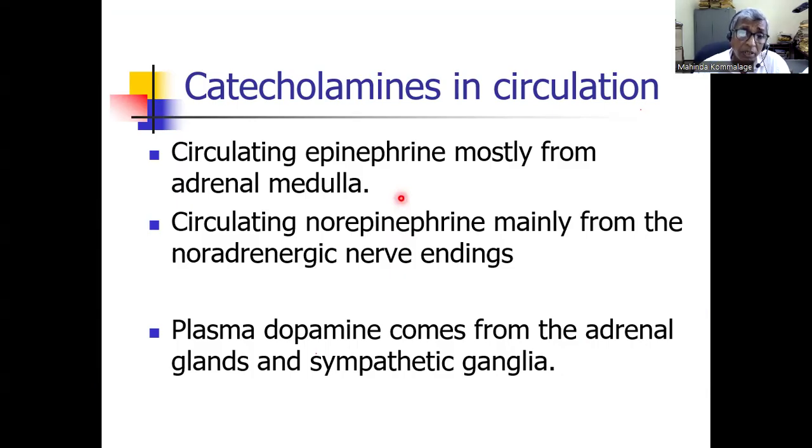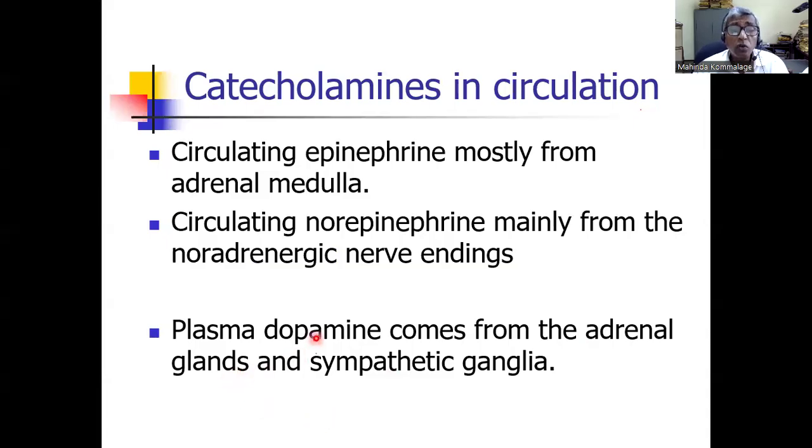Noradrenaline is secreted from nerve endings. Sympathetic nerve endings mainly secrete noradrenaline, but of course some noradrenaline will come from the adrenal medulla. But mainly noradrenaline comes from nerve endings. Nerve endings will secrete, and some of it will enter the blood. But adrenaline comes from the adrenal medulla as a hormone.